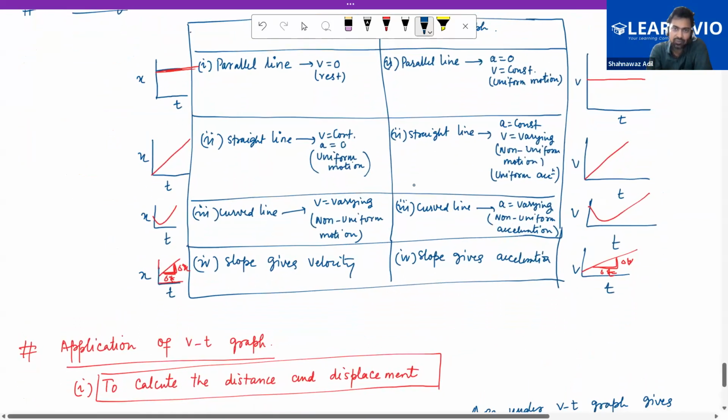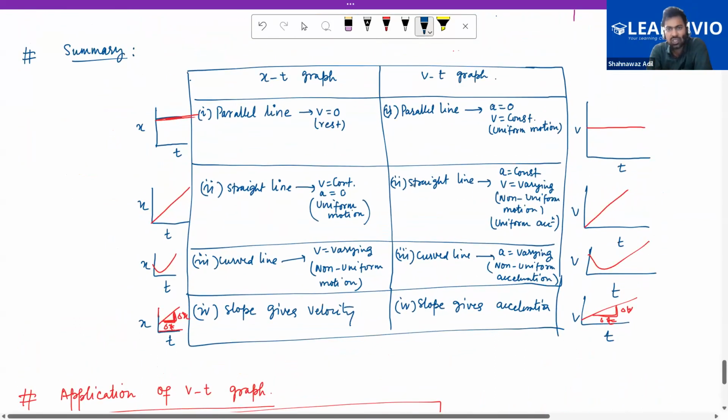But in most of the cases, we will be using this vt graph. I have just talked about xt also because from it we can understand the vt graph.